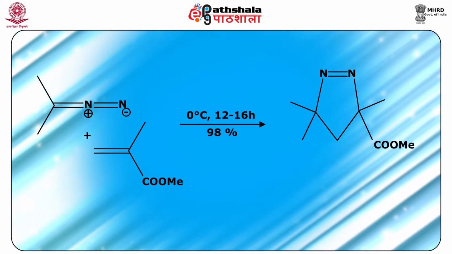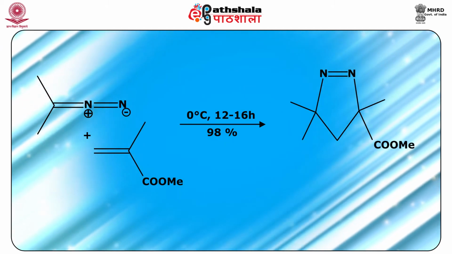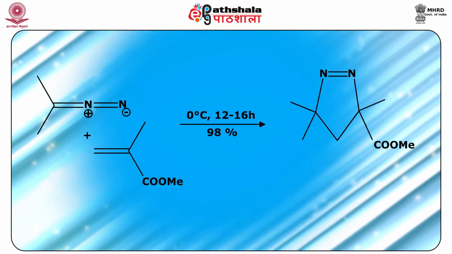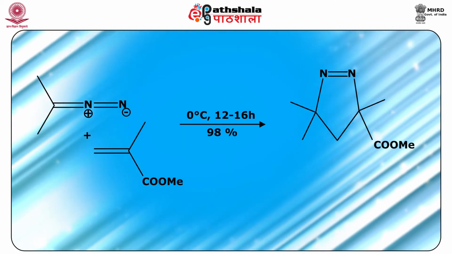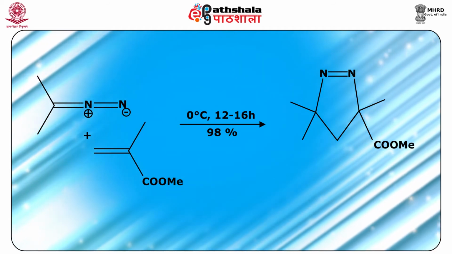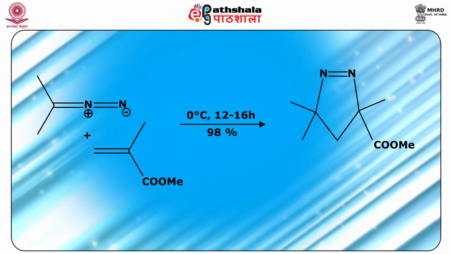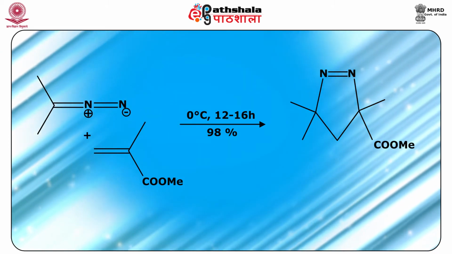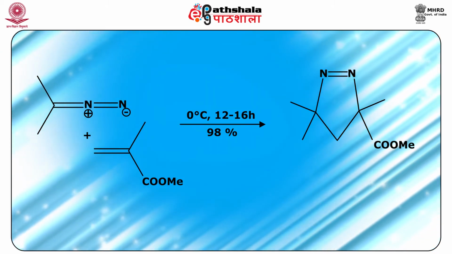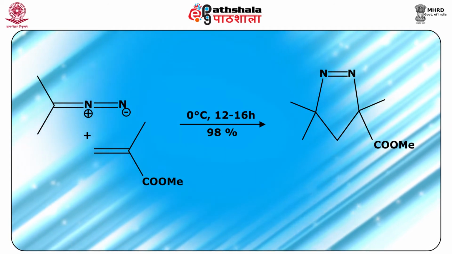1,3-dipolar cycloadditions are another important class of cycloaddition reactions. In this reaction, molecules with 1,3 dipoles, for example azides, ozone, nitro compounds, react with alkenes or alkynes or their heteroatom substituted analogues in a 3+2 cycloaddition fashion, giving rise to cyclic products.